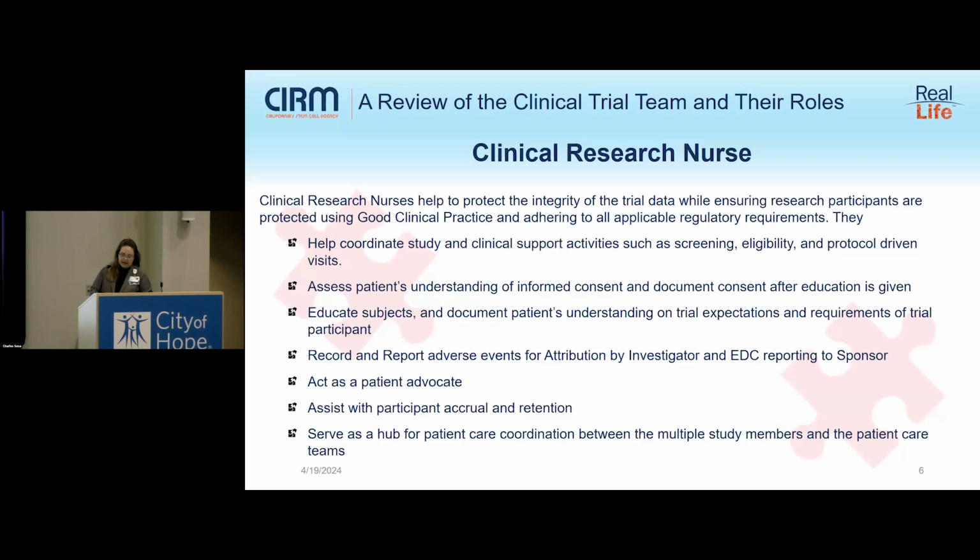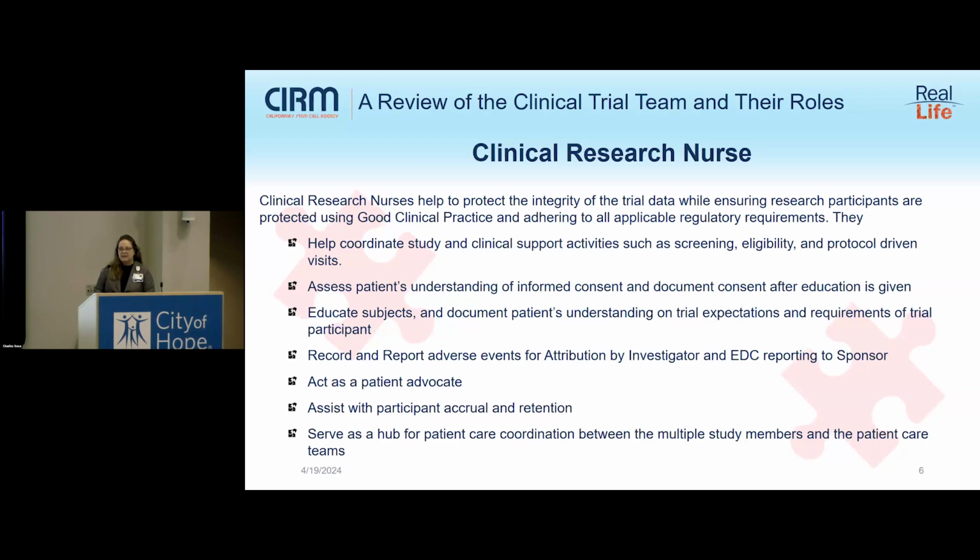In addition to that, CRNs educate patients on what to expect from clinical trial activities, which include talking about screening visits. So we don't want to surprise the patient when you have a patient who expects to have a certain treatment. They think, oh, they're just going to come in for that treatment and that's all.